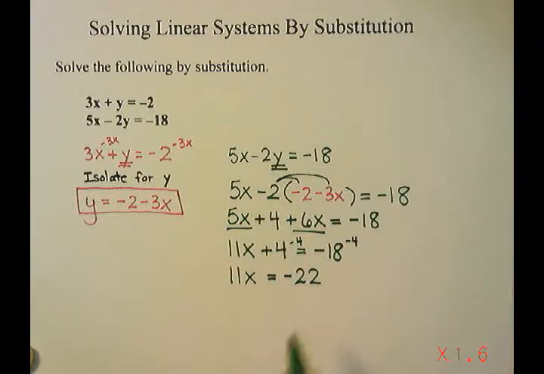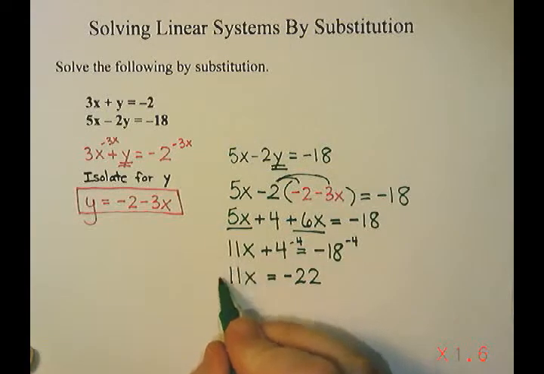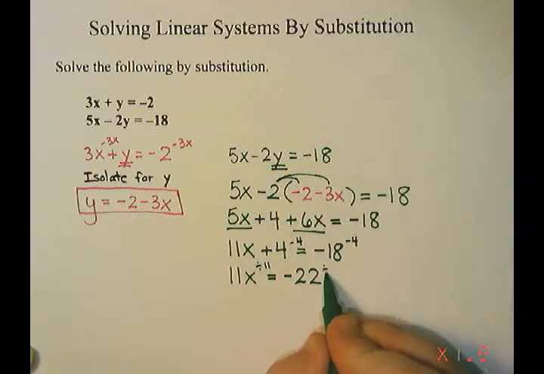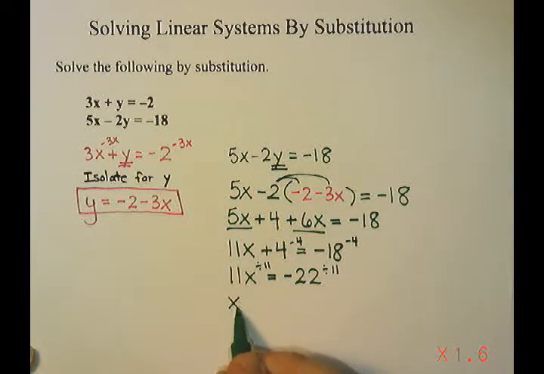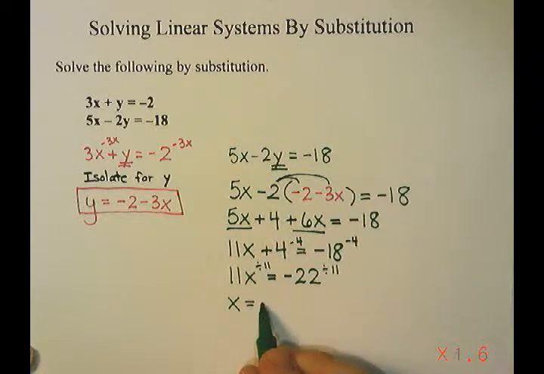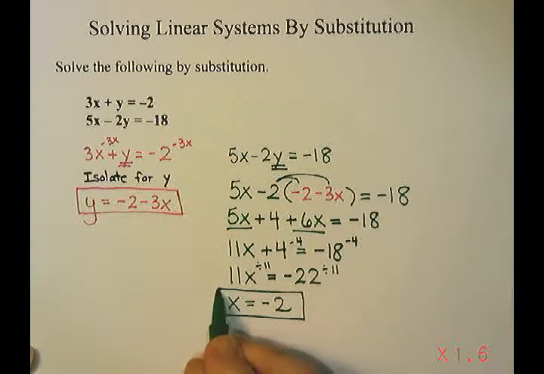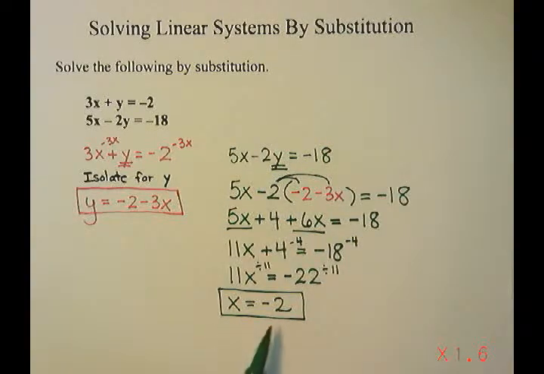And then to finish isolating the x, we're going to divide by 11. And -22 divided by 11 is -2. So these two lines are going to meet, and the x part of the coordinate where they meet is going to be -2.